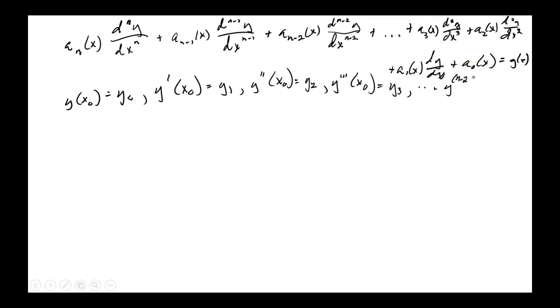Let me do n minus 3. Now, notice down here, they put it in prime notation, which when you get past 3, you put it in parentheses. The n minus 3 derivative at the same value, x sub 0, is equal to y sub n minus 3.